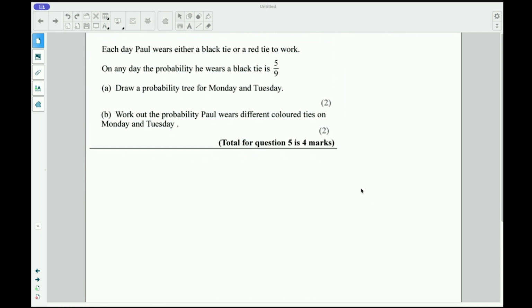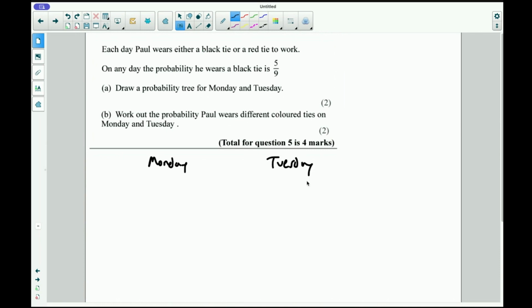Again, we're going to have two stages, Monday and Tuesday, and then we're just going to take a look at if we're multiplying, adding, or both for this one. So let's start off with our Monday here. Monday, we can see that he's either going to wear a black tie or a red tie. So it's one or the other. So black tie is going to be 5/9, and then your red tie is going to be 4/9.